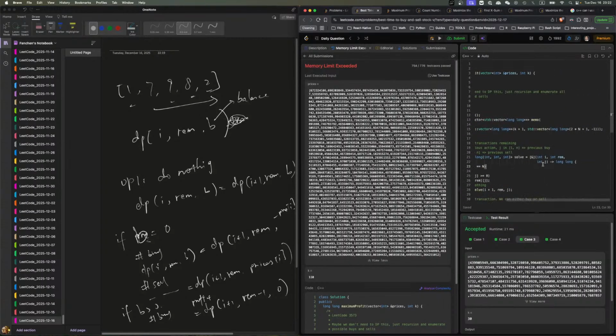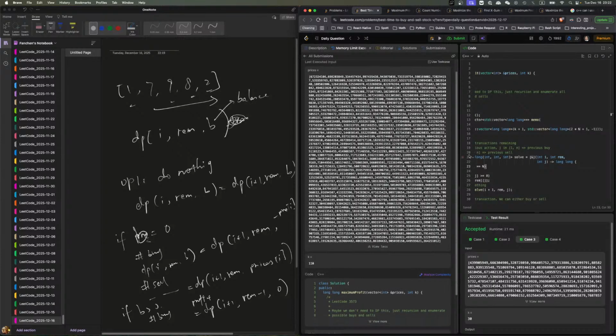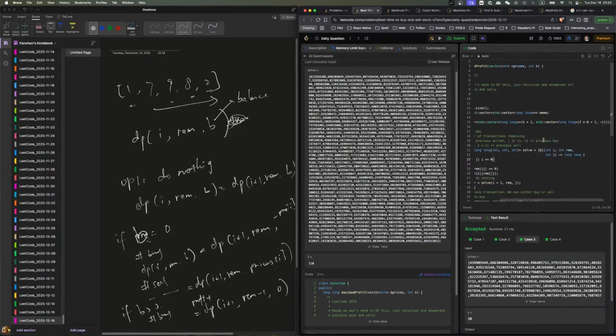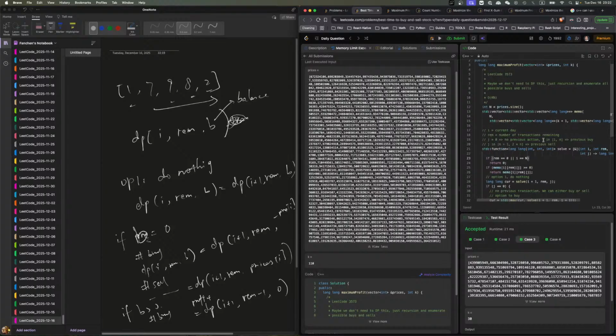So long, because n is equal to 1000. That's a 2000, right? K is 110. I don't know. Like how would memory exceed?